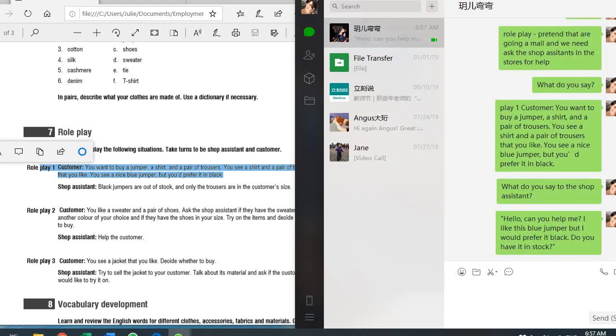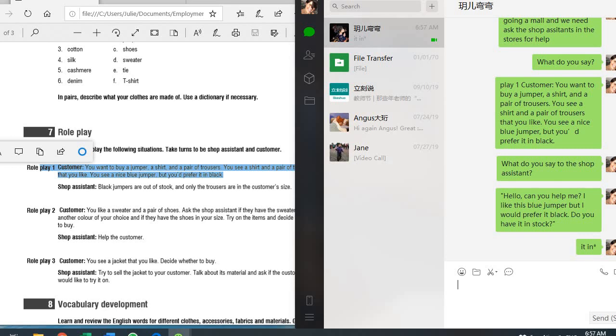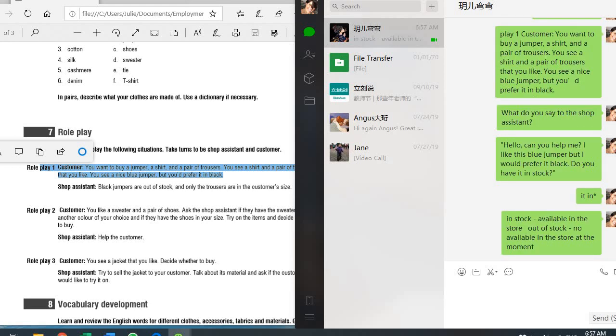Another example is, hello, can you help me? I like this blue jumper, but I would prefer it in black. Do you have it in stock? So remember, what does it mean to be in stock? Stock is... In other words, in stock is when it's available.